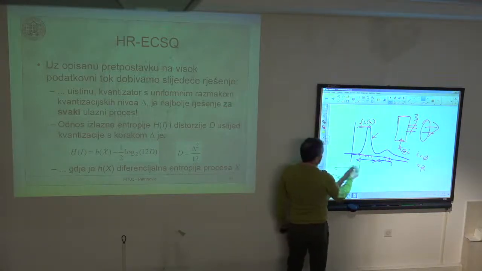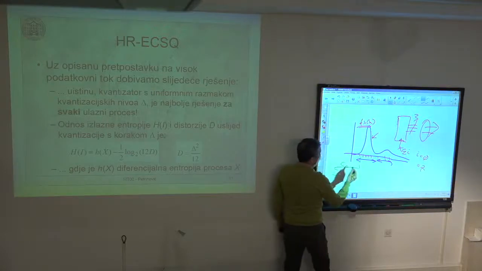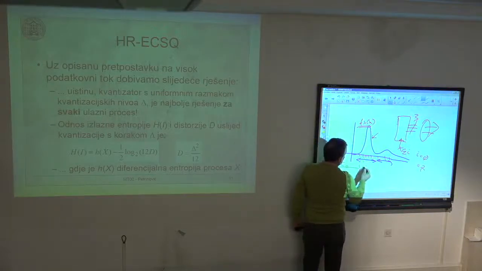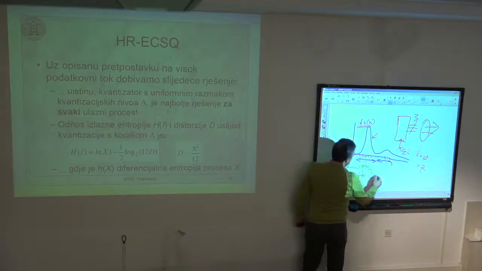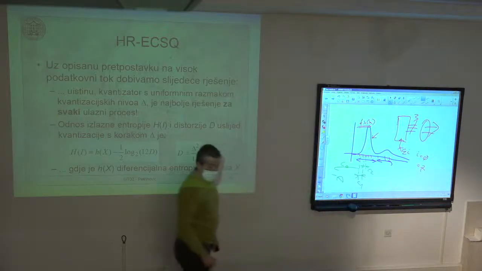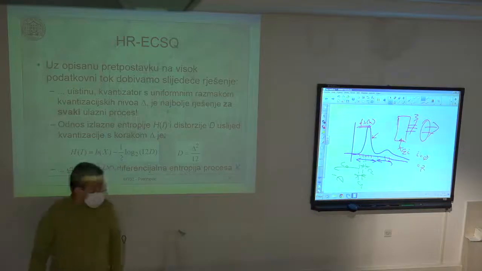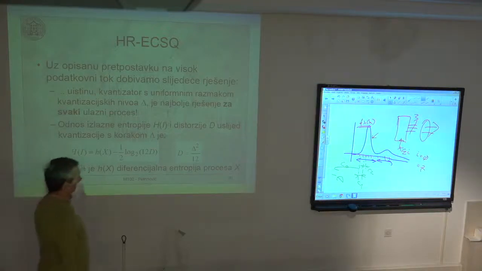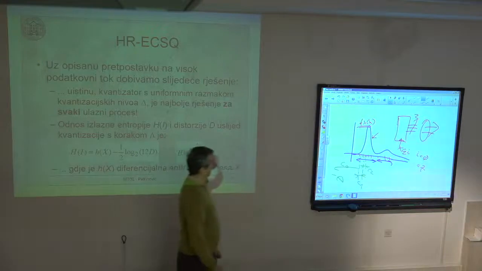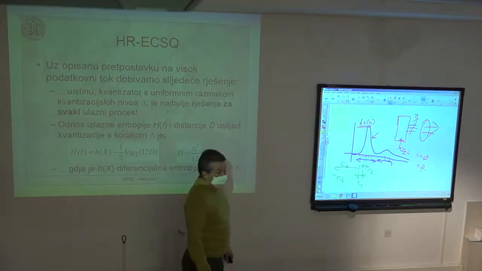So this is the first cell, C0, whatever. Then from this midpoint to the next point is C1. Then again, from this midpoint to the next midpoint, C2. So what is again bounded here? We have the bound on the number of these cells. And if the number of these cells is bounded, then this problem is called constraint resolution quantization.